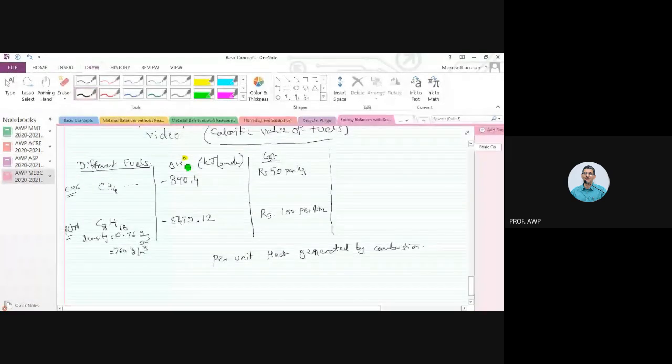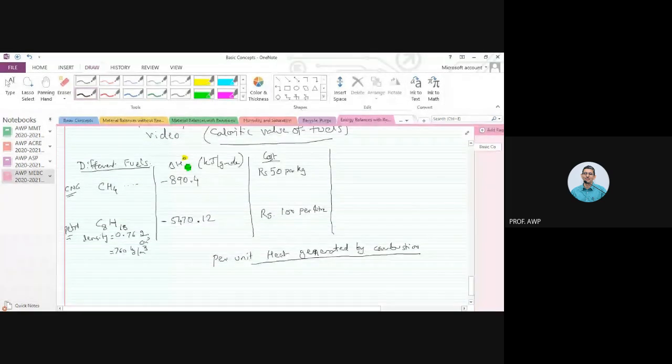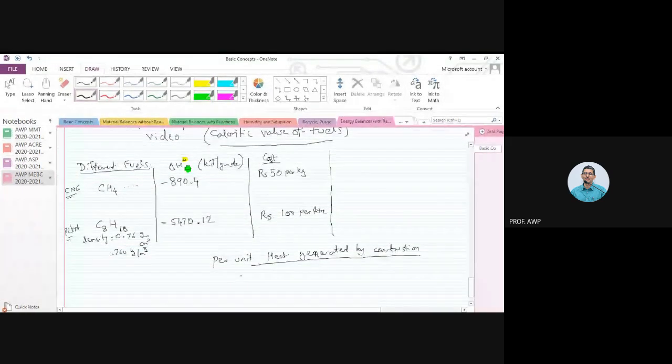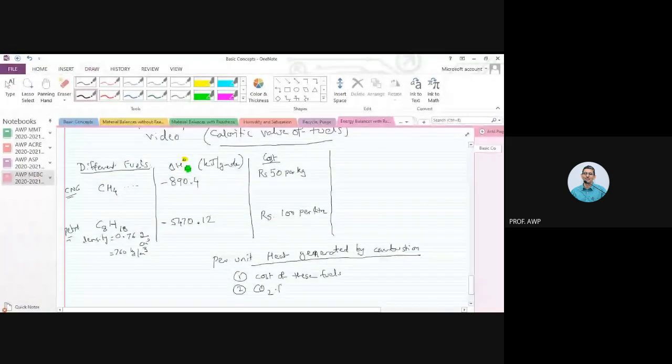Methane is going to be combusted in the engine, or petrol is going to be burnt in the engine. So per unit heat generated by combustion, one, what is the cost of these fuels, and two, what is the CO2 footprint of these fuels.